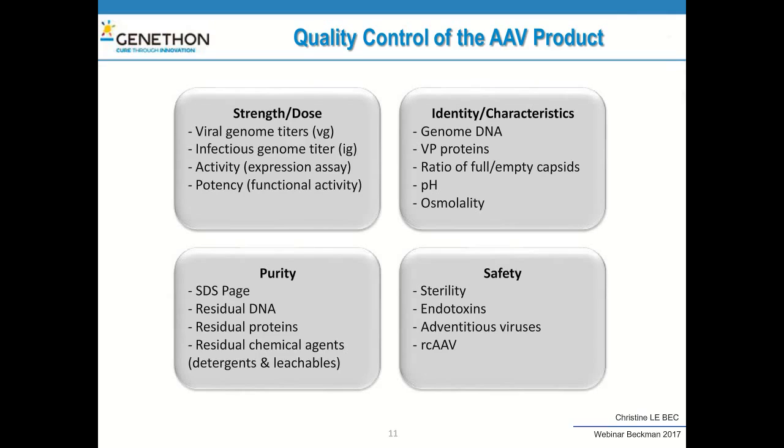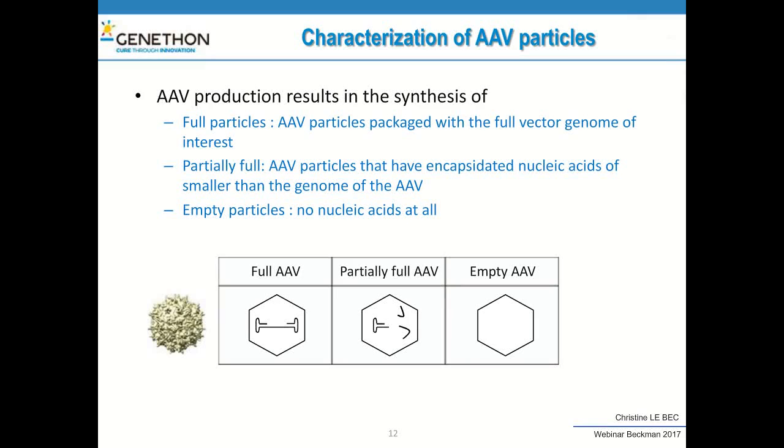In terms of the ratio of full and empty capsid, in the AAV productions, in the synthesis, you have different types of population. The full particles, meaning that you have in your particles the full vector genome of your interest.